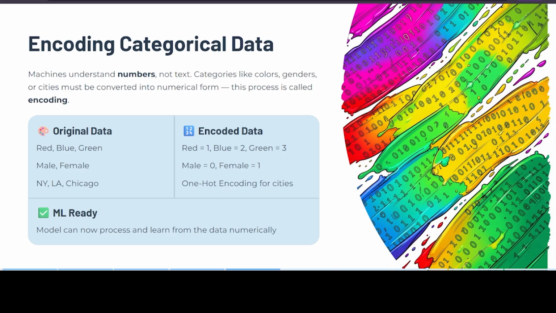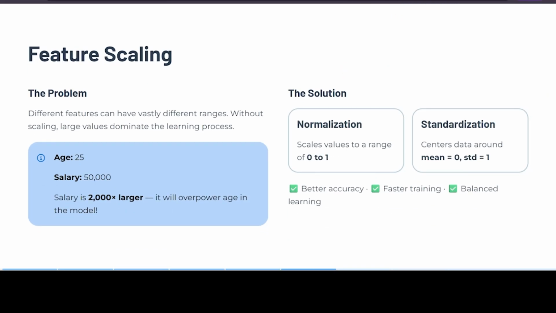Okay, so next we are going to see feature scaling. Feature scaling is a feature engineering concept. Just imagine two features: age is equal to 25 and salary is equal to 50,000. Which number is much bigger?